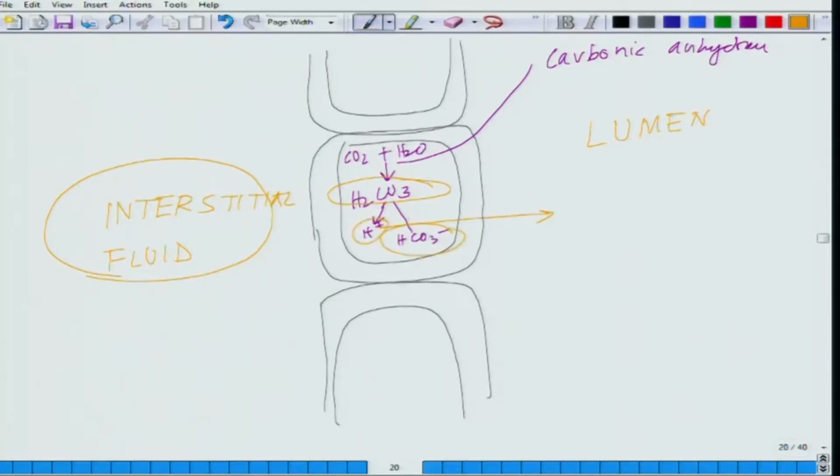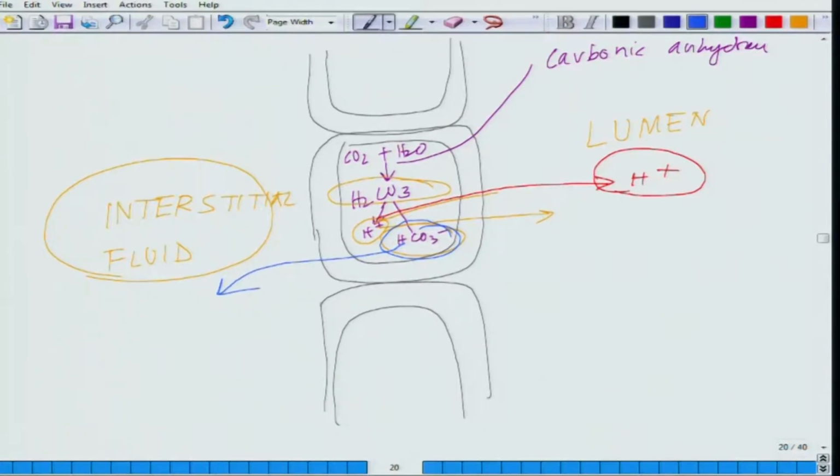Okay. The hydrogen is actively transported into the lumen. So, this hydrogen is actively transported into the lumen area. Whereas the bicarbonate ion which is produced here is transported into the interstitial fluid. So, they follow two different paths.